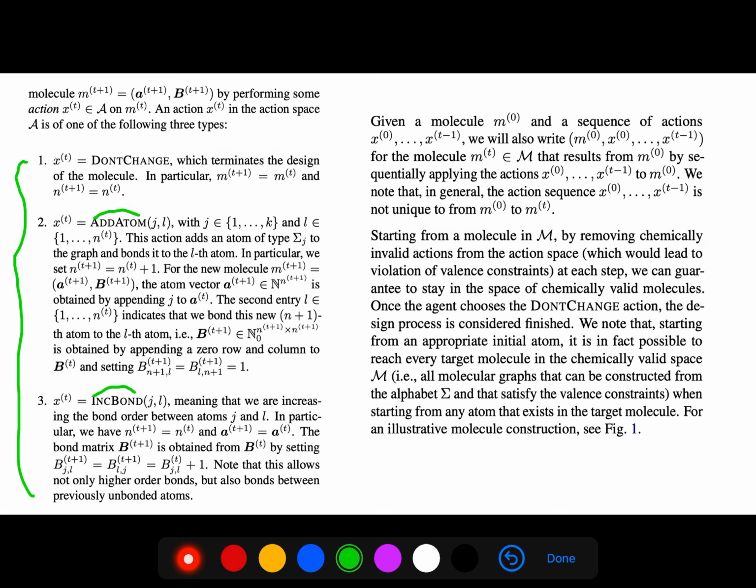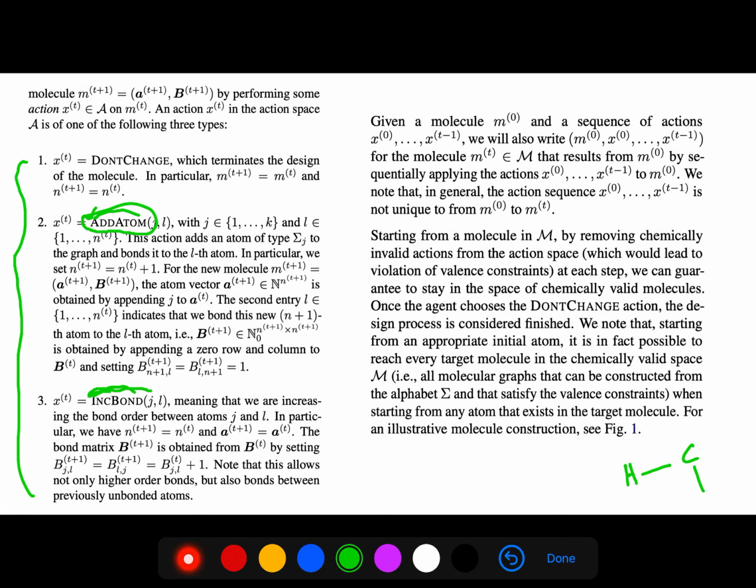It looks autoregressive, because at the next time step, based on previous iterations, we try to capture another mask. What is the next atom? Do we have a next atom so that we can use this add action? Or should we increment the bond, meaning that we are increasing the bond order between the two atoms, J and L. Take the bond order between two atoms, for example hydrogen and carbon.